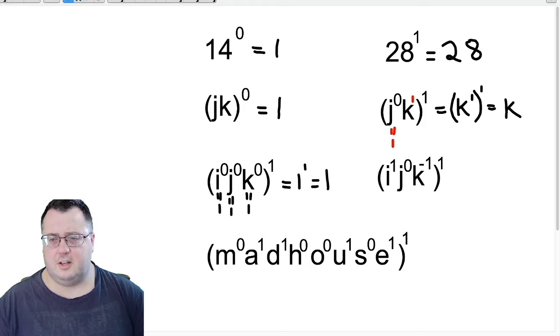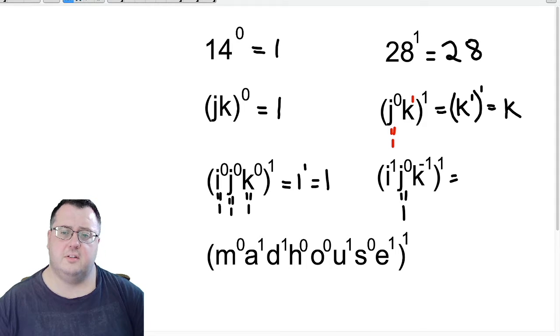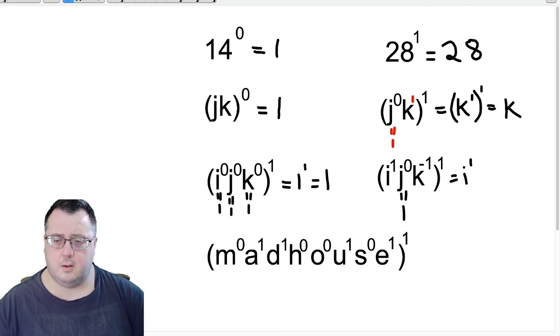Then we've got I to the 1, j to the 0, k to the minus 1 to the 1. So we should know that j to the 0 is 1, which effectively removes the j component in there. And we use the multiplication law, law 3, to deal with the rest. So I to the 1 times 1 is going to be I to the 1.